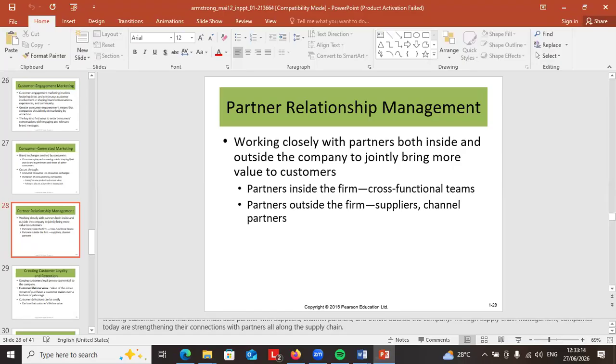So they can also stay focused and alert and perform activities in support of executing those marketing activities or strategies.